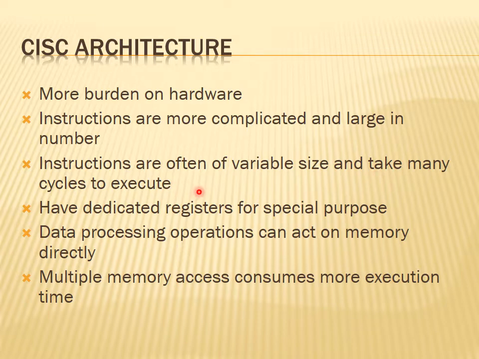Means these instructions have single cycle, two cycle, sometimes three cycle execution. They consume multiple machine cycles for execution, and they are variable in size, depending upon the kind of instruction.